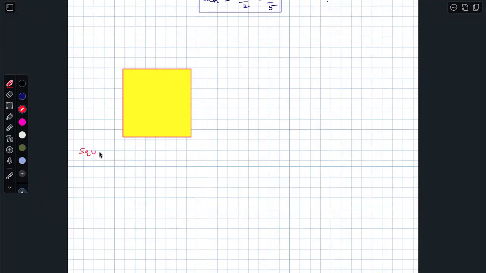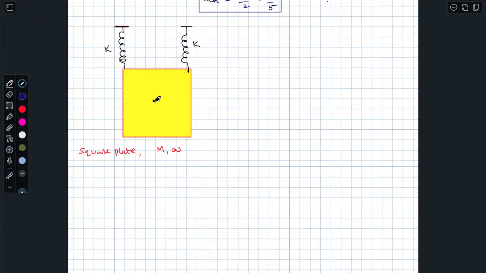This is again a square plate, mass m, radius a. The only difference is, what happens?